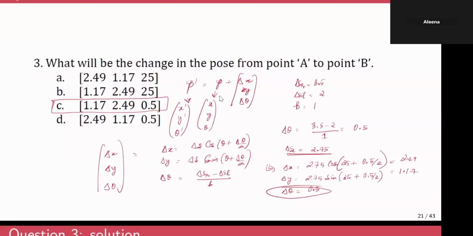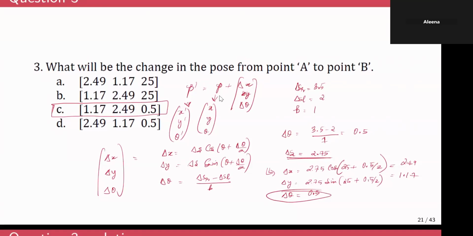Yeah, I think although I calculated the answer to be the correct one, I have selected the wrong choice. So just to be clear, delta x is 2.49, delta y is 1.17, and delta theta is 0.5. So the correct option is indeed option D. Right? Hope that is clear.